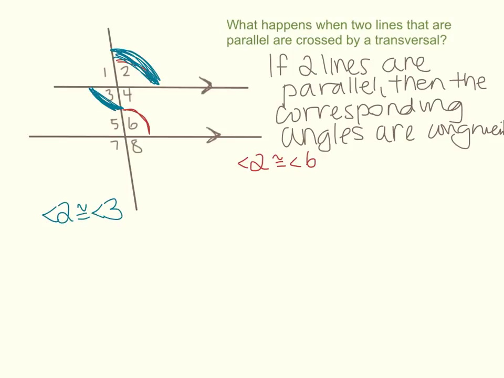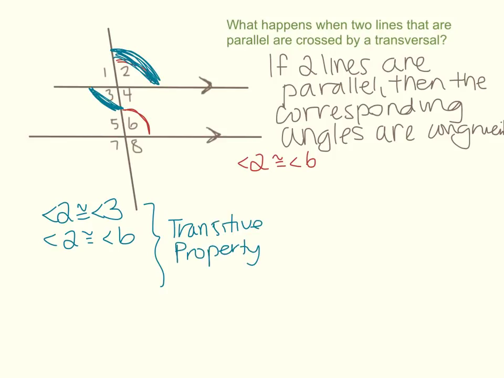So if angle 2 is congruent to angle 3 and angle 2 is congruent to angle 6, then what do we know? Well, knowing by the transitive property, remember that from the other day in class, the transitive property says that if we have one thing that's equal to something else, that same thing equal to something else, then that means that angle 3 has to be congruent to angle 6.